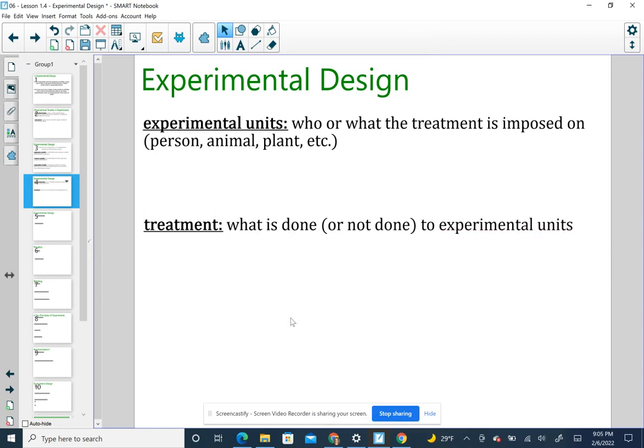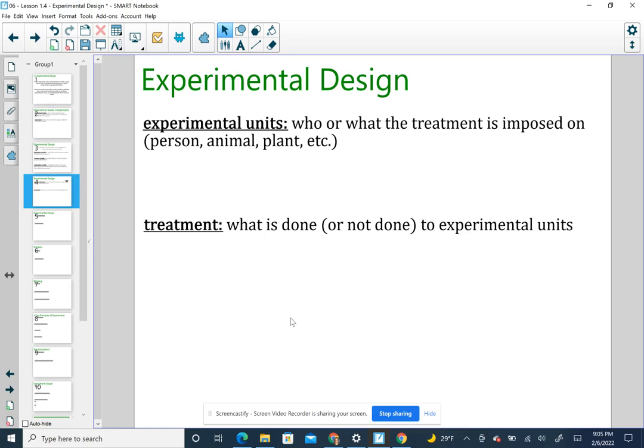So let me give you a quick example with this. Let's say I want to test different cake pans. Let's say I have aluminum, glass, and plastic as my three options, and I want to see which type of cake pan cooks the cake the most thoroughly, gives it the most moist feel.